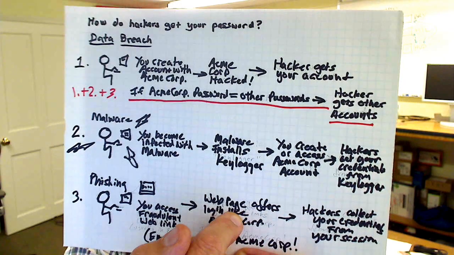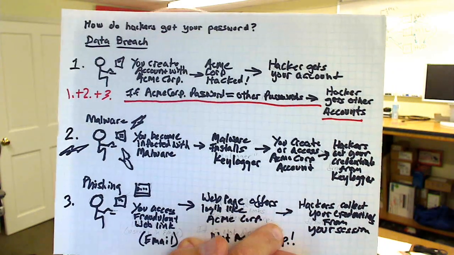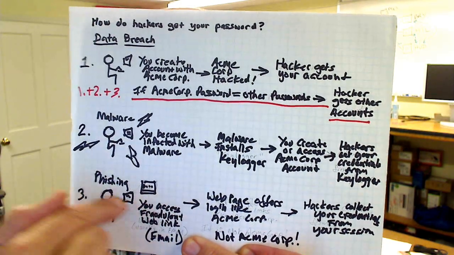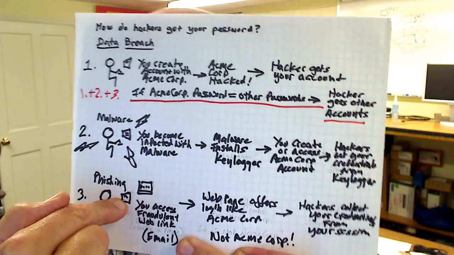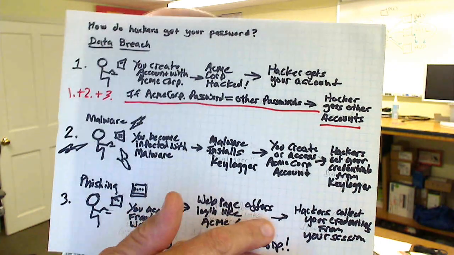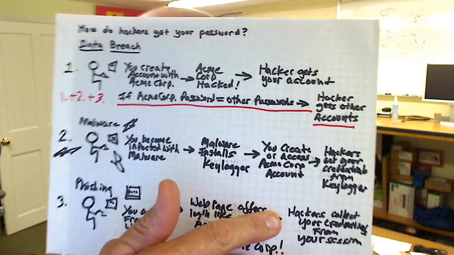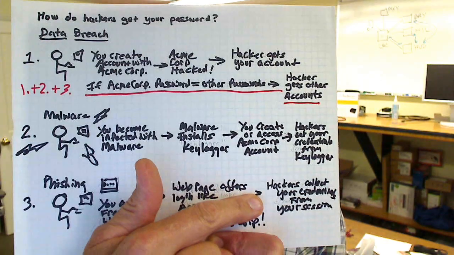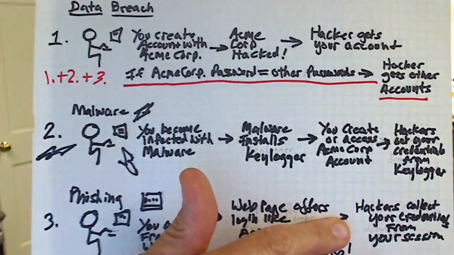The hackers control this page that you were phished to. That's phishing with a PH. Once again, just substitute Acme Corp for anything you've got an account with. It could be Facebook, it could be your American Express account. And once again, I'm going to defeat my auto zoom. Those are three very common ways to get hacked.